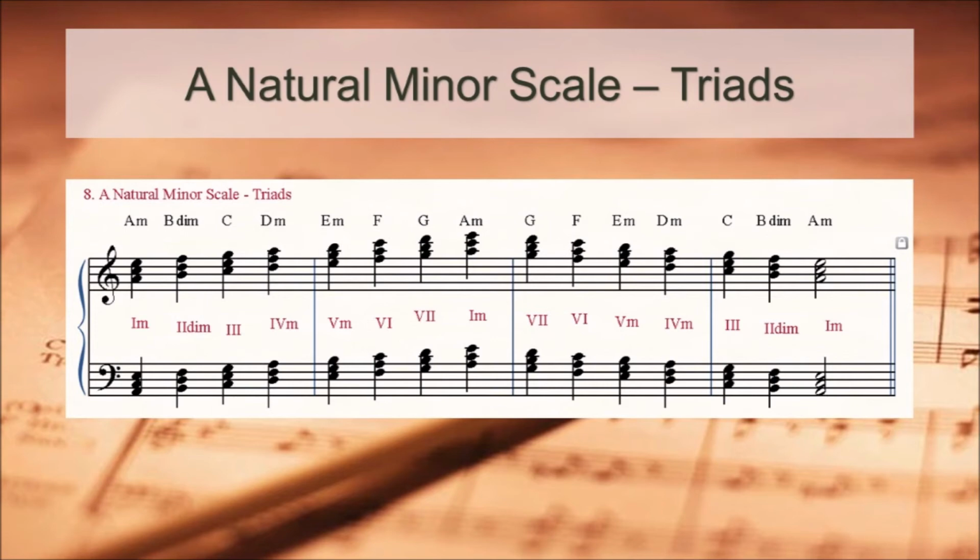So this is how those triads move up and move down. Now again, you need to know these by heart, and you need to know how to play them on your instrument following the patterns that I'll give you at the end of this podcast.